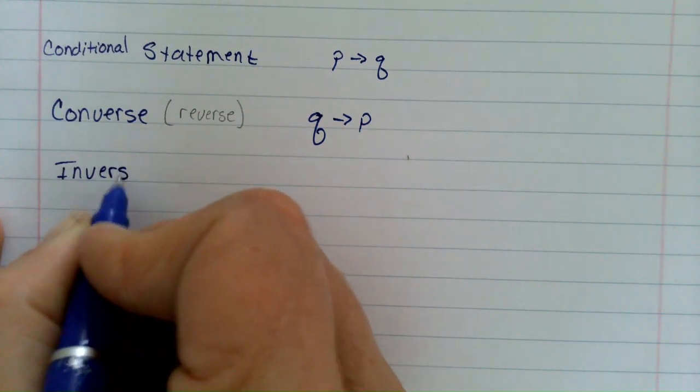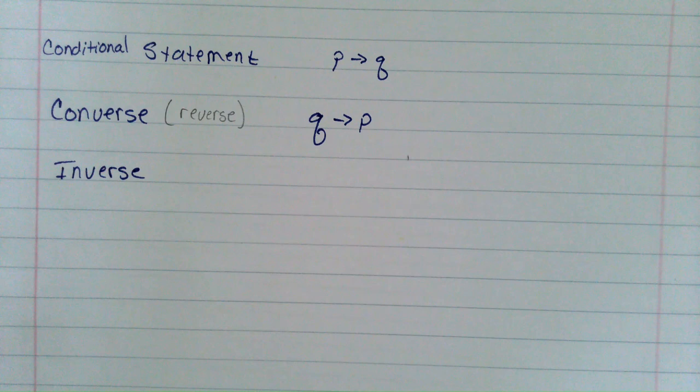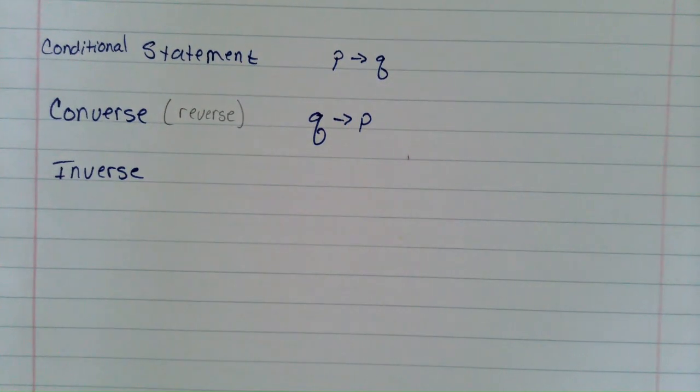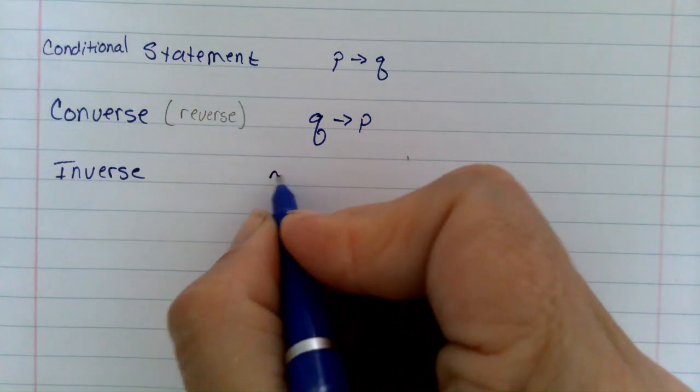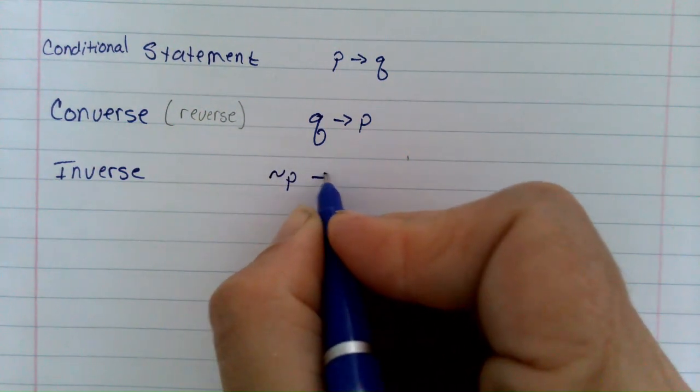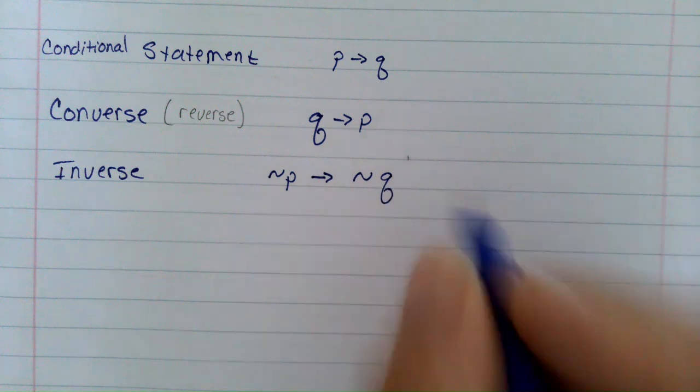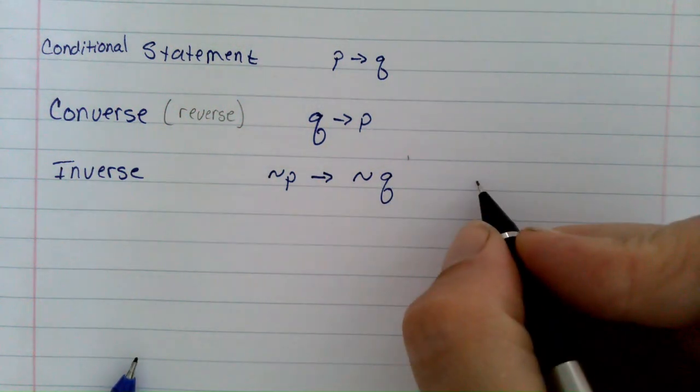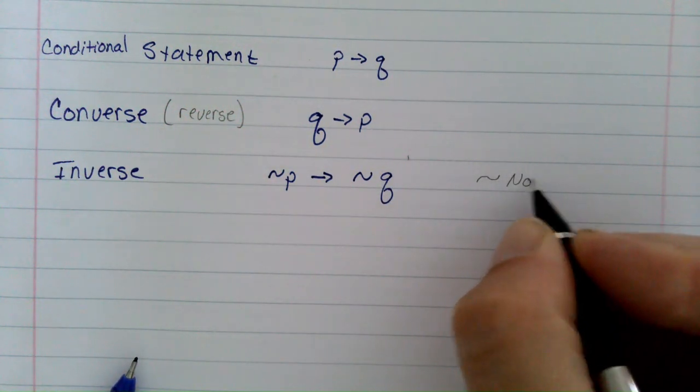Inverse. Inverse basically means not or opposite. So not P, then not Q. This little squiggle means not.